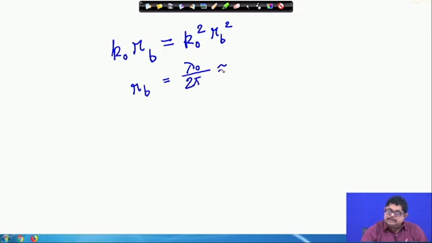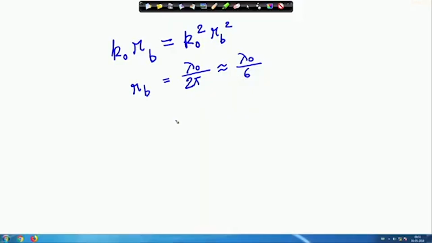So, roughly I can say that lambda naught by 6. So, at a distance from the current element of lambda naught by 6, the induction field and the far field are equal. So, this is one of the conclusions we can make from the magnetic field.